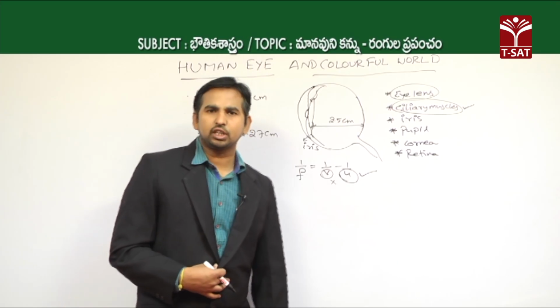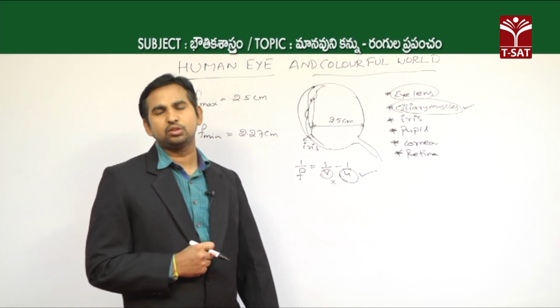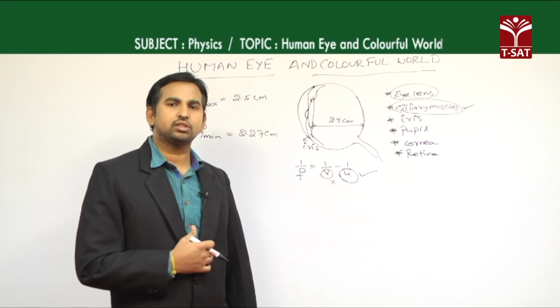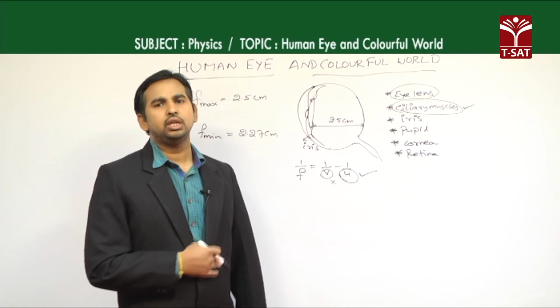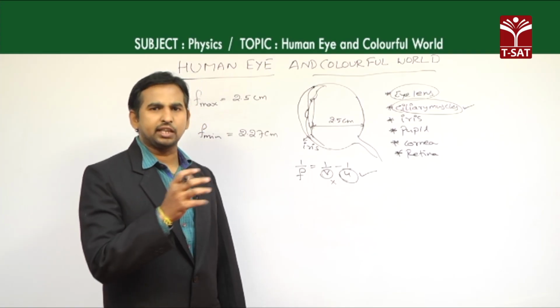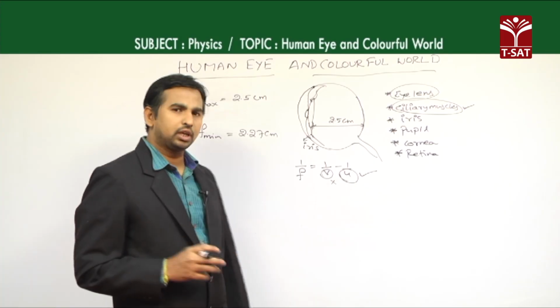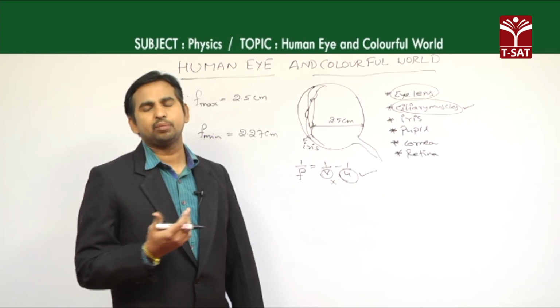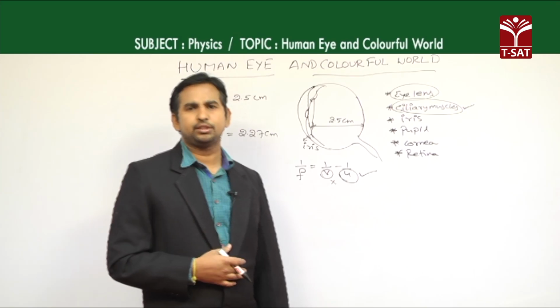So what happens is that the diameter of the eye lens gradually increases. So the radius of the curvature for the eye lens is increasing here. So the maximum focal length it can reach is equal to the diameter of the eye lens, which is 2.5 centimeters.